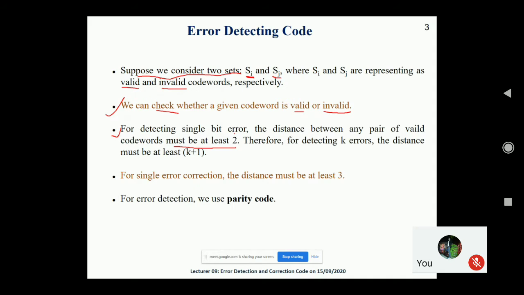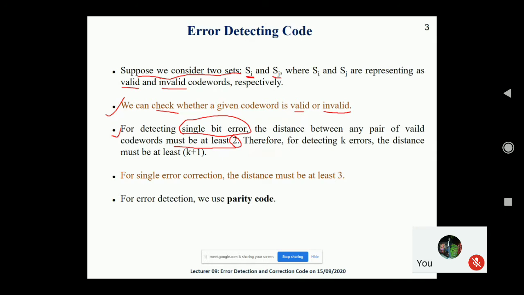Now 2 is what we discussed in the last slide: the distance between two code words must be at least 2. If the difference between two code words is 1, then we cannot detect the single bit error. This is a very, very important point.